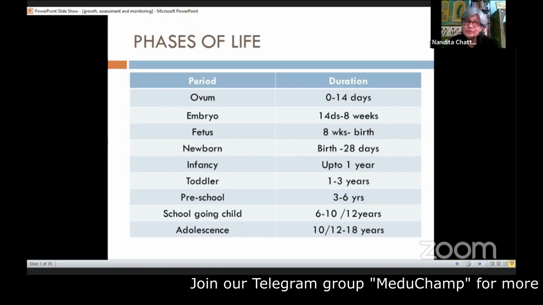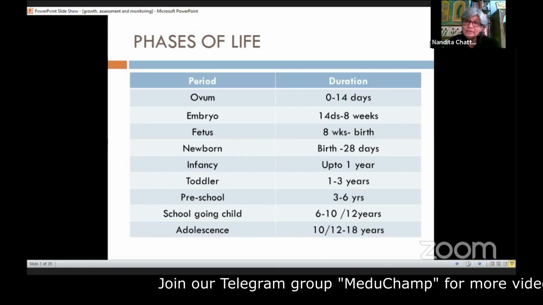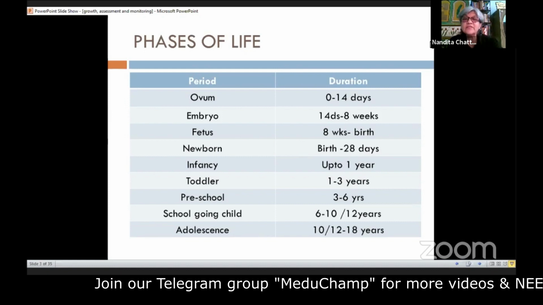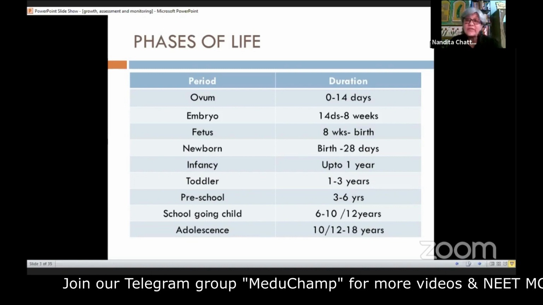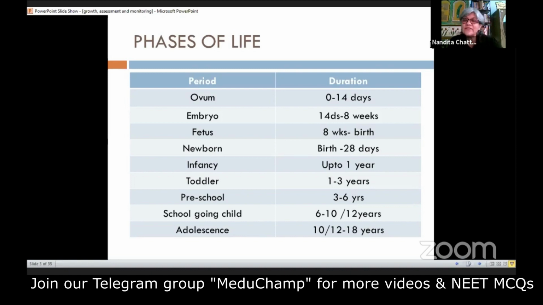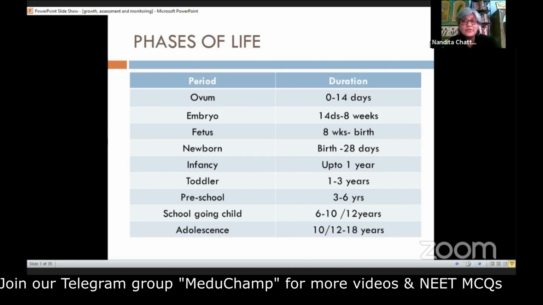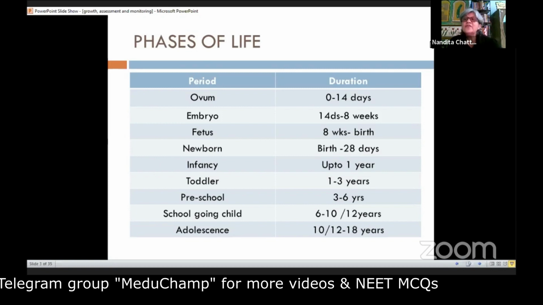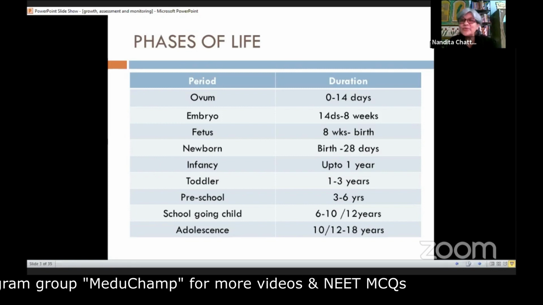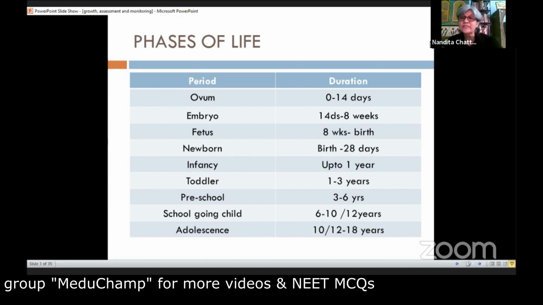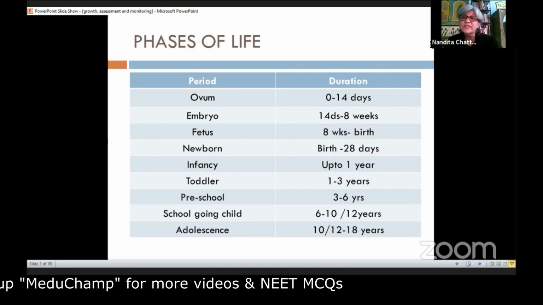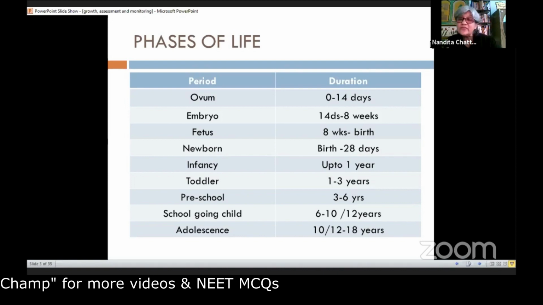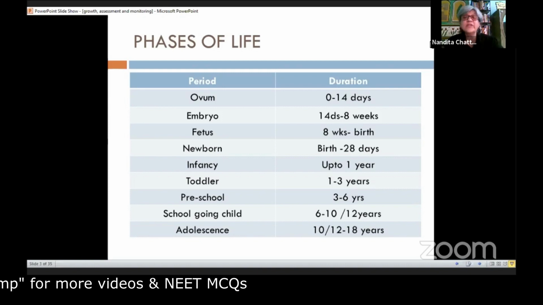The first 2 weeks is the ovum, then 2 weeks to 8 weeks is the embryo, and the organ development phase as fetus is from 8 weeks till birth. Then the child is born. Then there is the newborn period up to 28 days. Then comes infancy, which is up to 1 year, followed by toddlers, that is 1 to 3 years, and preschoolers up to 6 years, school-going children, and finally the adolescents or puberty age group. And this covers from conception to 18 years.